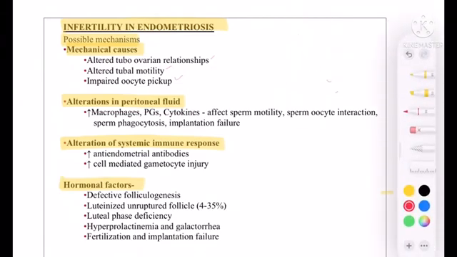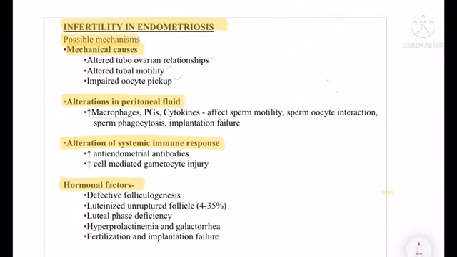Okay, so we can see that the macrophages, prostaglandins, and cytokines affect the sperm motility, sperm-oocyte interaction, sperm phagocytosis, and implantation failure. So it is not only affecting the motility of the sperm and the interaction between the sperm and oocyte, it is also causing sperm phagocytosis, and it is also disturbing the implantation.